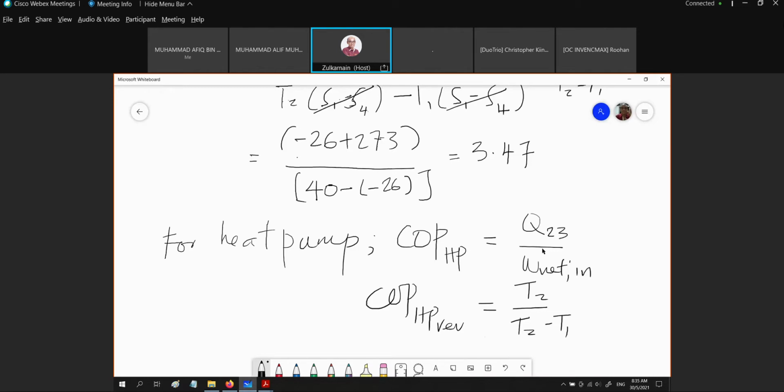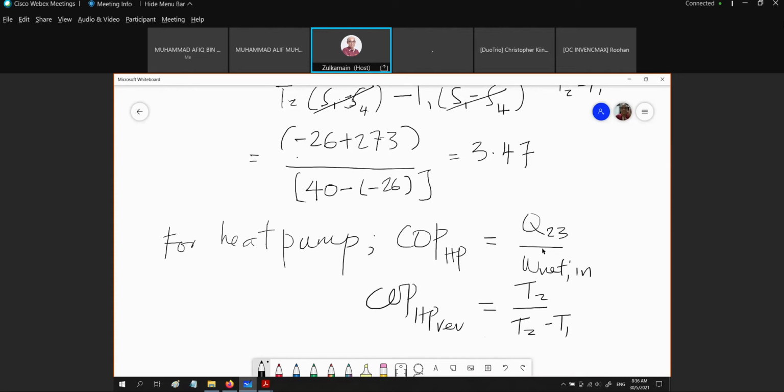What we have done for the COP refrigerator, in this case, is Q41. But in this case, for heat pump, it is Q23. Then we are going to have T2 divided by T2 minus T1. Okay, guys? So that is the analysis for a reversible Carnot cycle or reversible refrigerator, which is also called the reverse Carnot cycle.